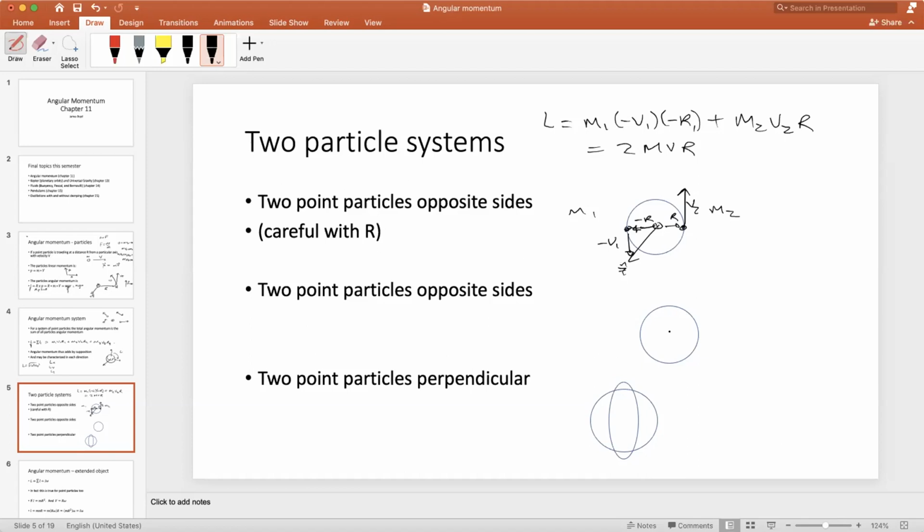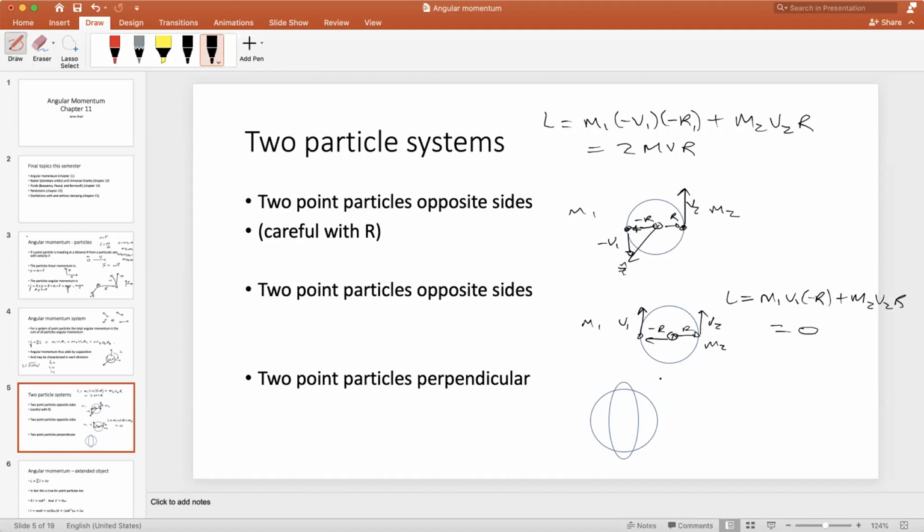As opposed to that, what if they were going in opposite directions? So this one was going up, V1, and still at negative R. And this one's at R, and it's going up as well. And this is M2. My angular momentum would be M1 V1 times negative R plus M2 V2 R. And if the M's were the same and the V's were the same, my angular momentum would be 0.